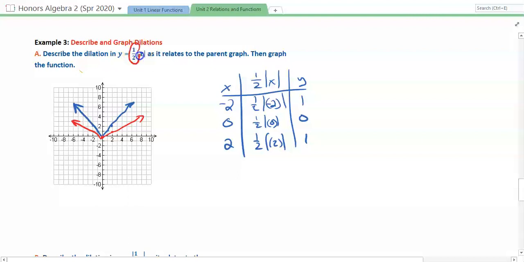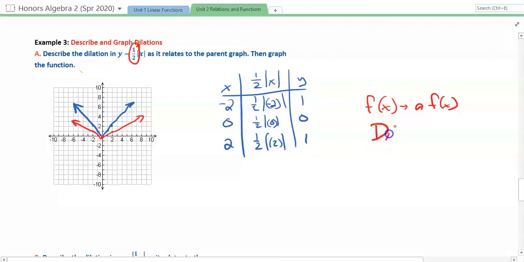And so what this 1/2, this 1/2 that's sitting in front of the function, has done is it has literally taken this graph and squashed it. And so how we write this out is that when we have our f of x, and we've got a value in front of the function, we're going to have an a value. The a is the dilation factor.